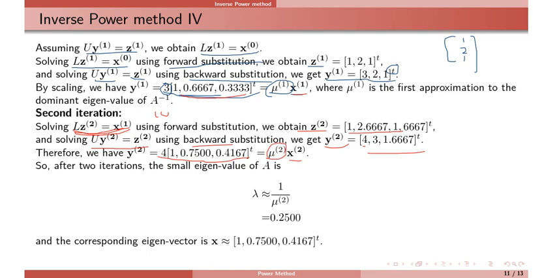So 4 is the eigenvalue in the second iteration, and the remaining vector is the eigenvector x2. As I was asked to perform 2 iterations, after 2 iterations, 4 is the largest eigenvalue of A inverse. So the smallest eigenvalue of A will be the reciprocal of this, 1 by 4.